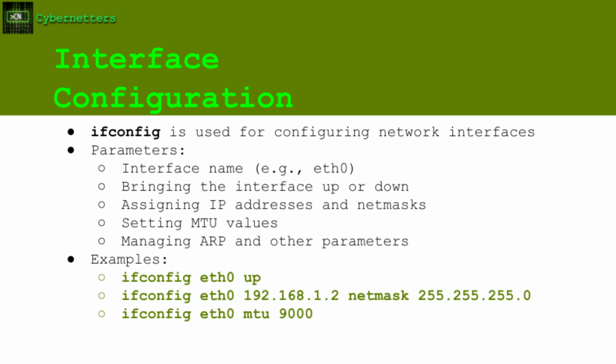And then ifconfig if0 mtu 9000 is changing the MTU size to 9000, which can improve performance for large data transfers. Keep in mind that ifconfig is now considered old school and modern systems use ip commands instead, which we'll talk about later in the video. But knowing ifconfig is still useful for legacy systems.